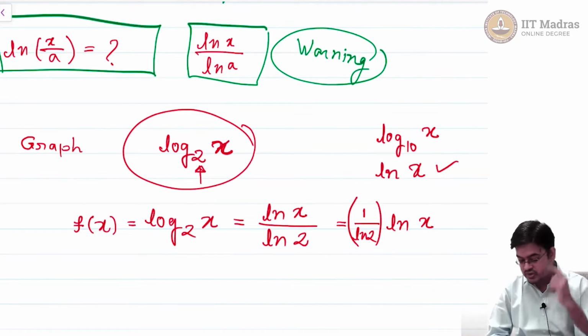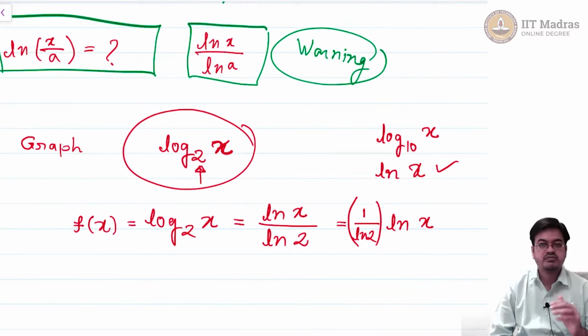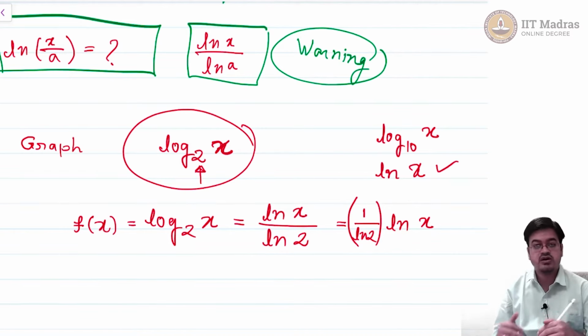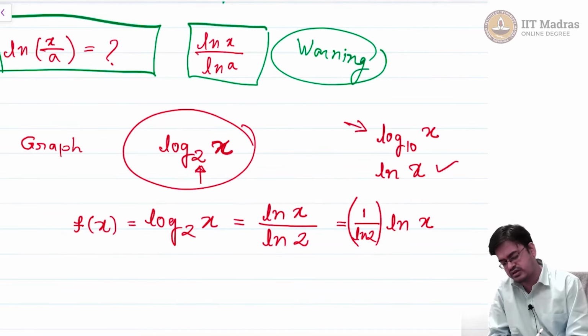So now you need not bother about what base the function is given in. You can simply convert the function into log to the base e or log to the base 10. I have already told you, this is called the common logarithm and this is called the natural logarithm. That is why the name ln.